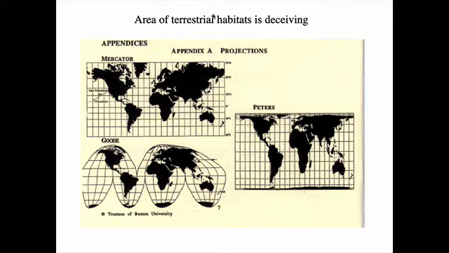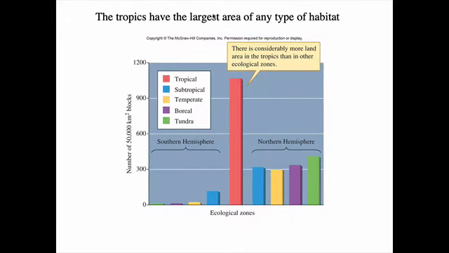So as it turns out, if we fairly measure the area of different biomes around the world, we see that the tropics has by far the largest area of any biome. It has the most species, in large part because it has way more area than nearly all other habitats put together.